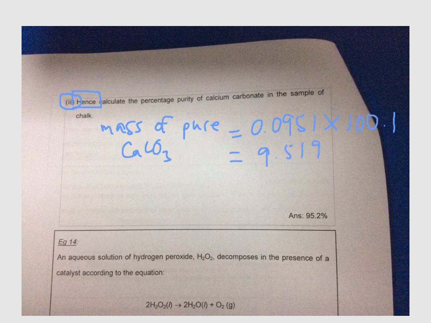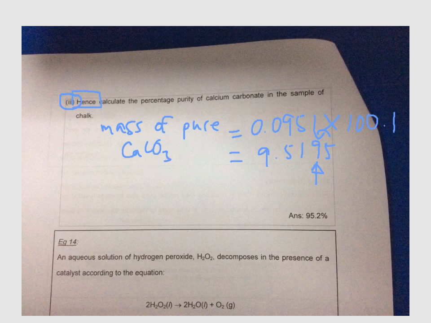Usually for the answers that I get in between the steps, I will leave it to 4 sig fig. But over here, if I leave it to 4 sig fig, I will actually get 9.52, because I will use the 5 to round up the 9. So I will just leave it as 9.5195 first.